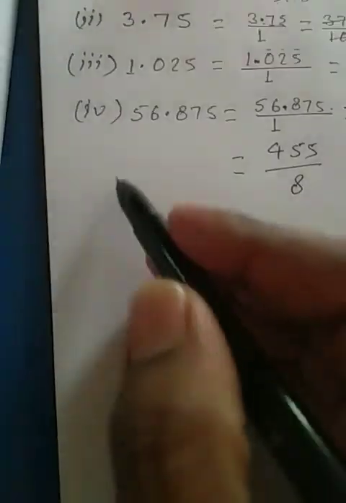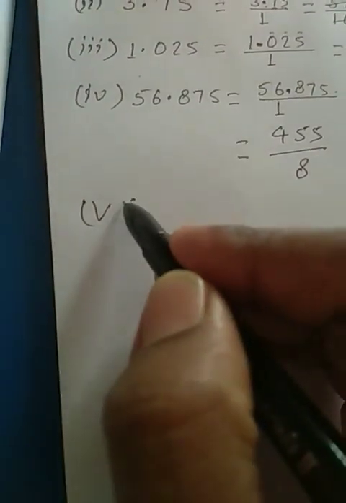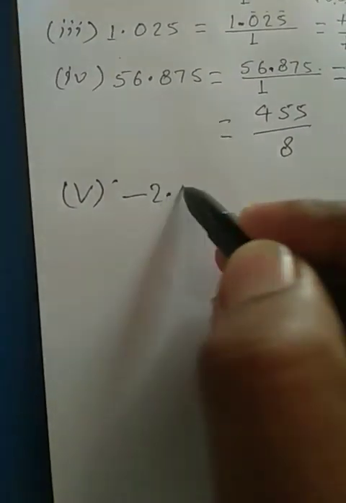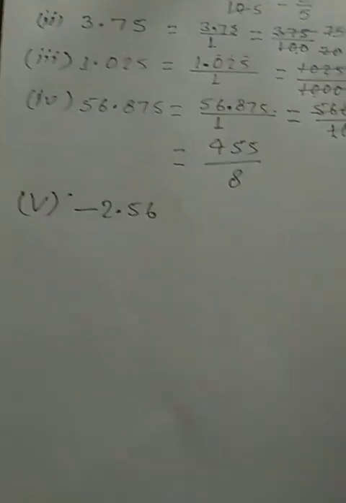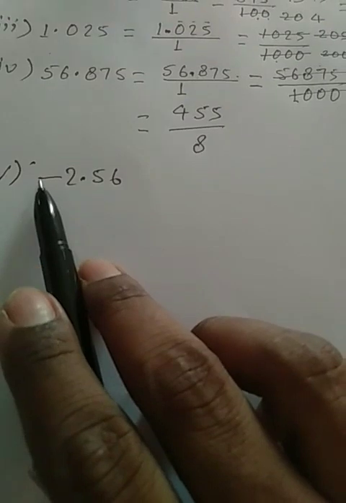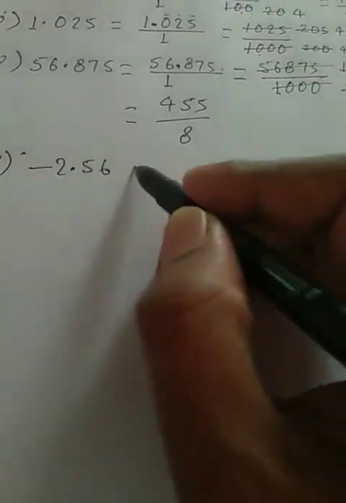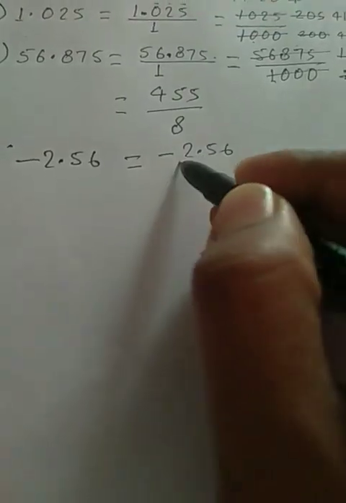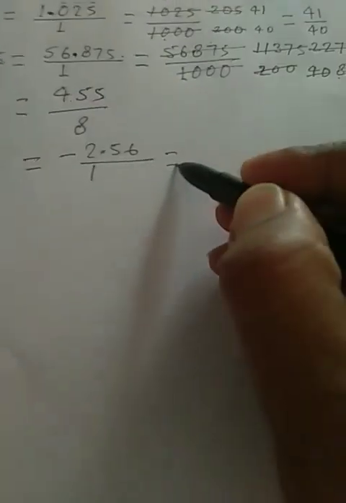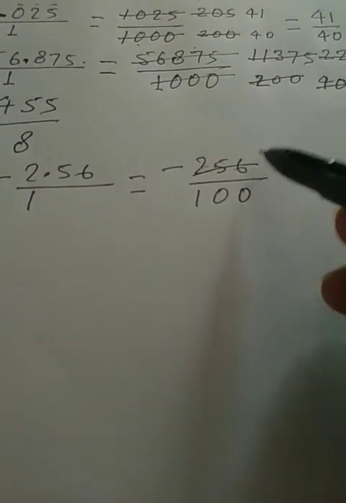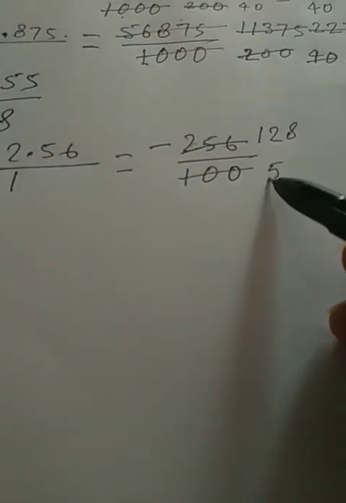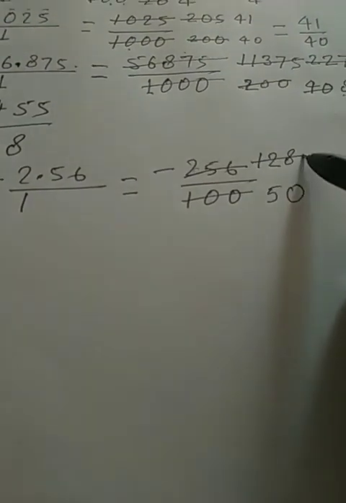Again I am taking another example, number 5, which is minus 2.56. It is just a simple example, but we have to take care about the symbol. Minus 2.56 by 1, we can write as minus 256 by 100. Now we have to reduce it by 2. 2 times 128 is 256, and again it is divided by 2.